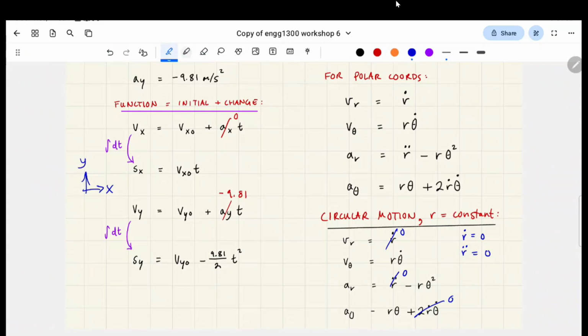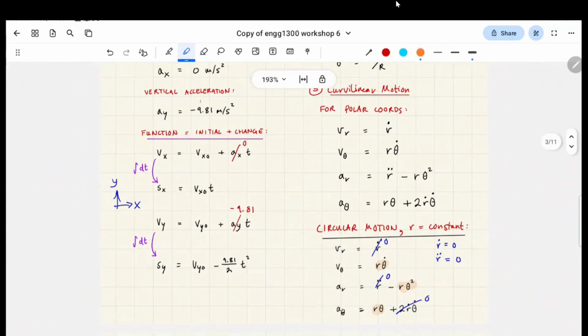Right, so you're just left with these bits. Yeah, so those are the formulas.